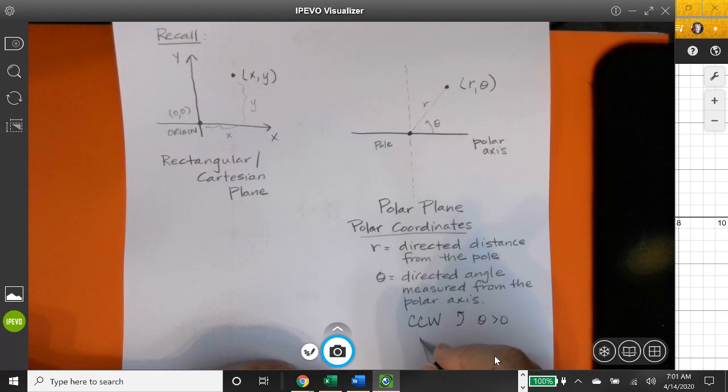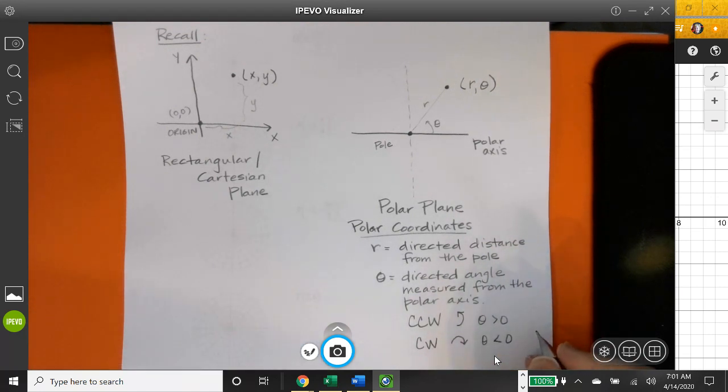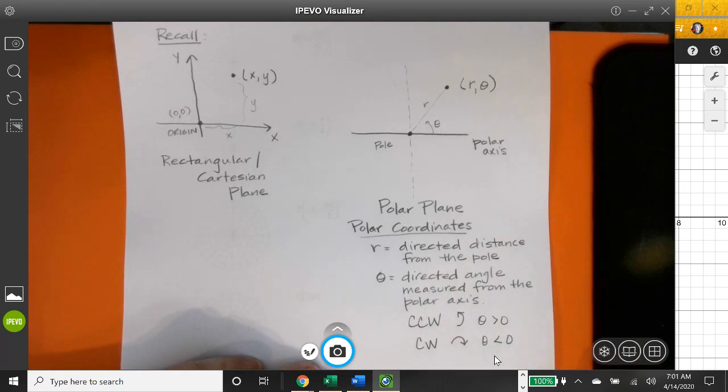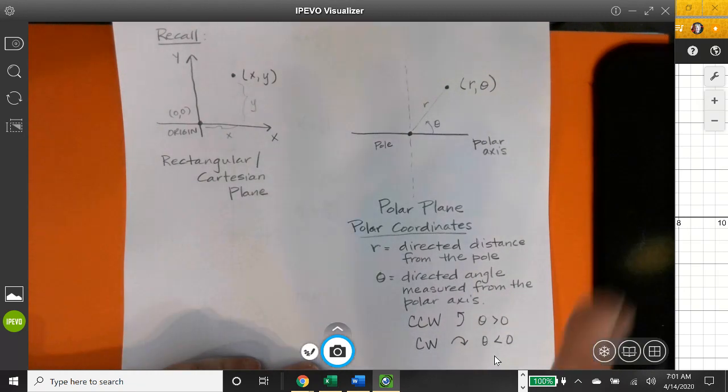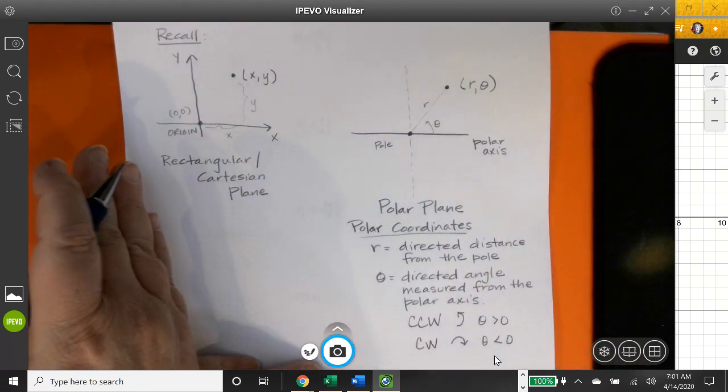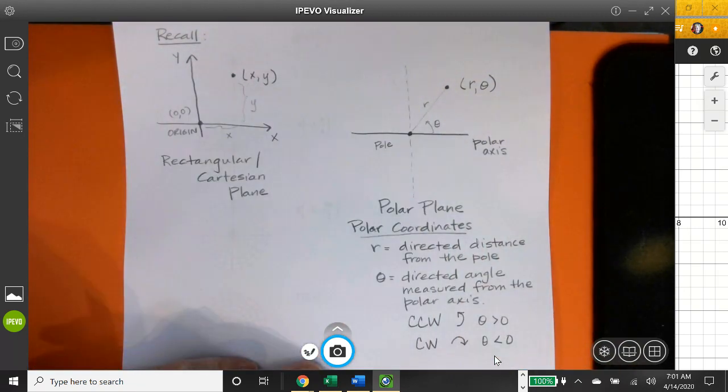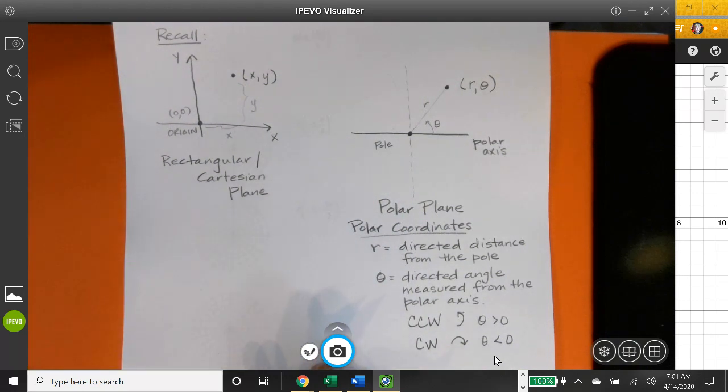If you rotate clockwise, which means you're going this direction, theta is less than 0. It's negative. Okay, so those things are still familiar to us. So instead of talking in XY coordinates, we're going to talk in r theta coordinates, all right?